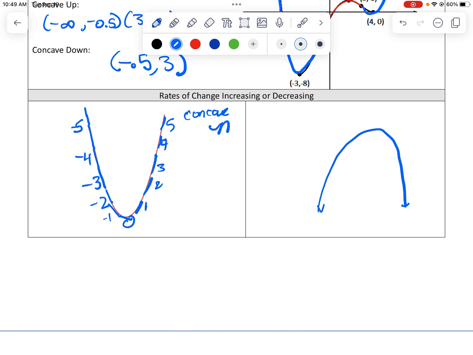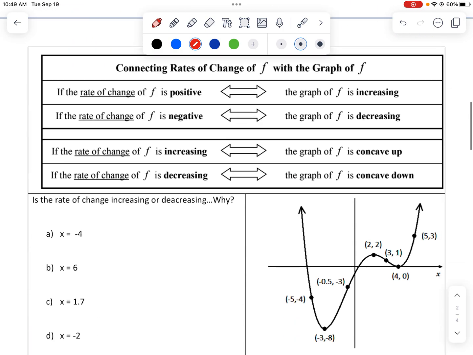Whereas this one here, concave down, our slopes are decreasing because it starts steep, maybe a 5, 4, 3, 2, 1, 0, and then it starts becoming more negative, or lower, smaller, excuse me.